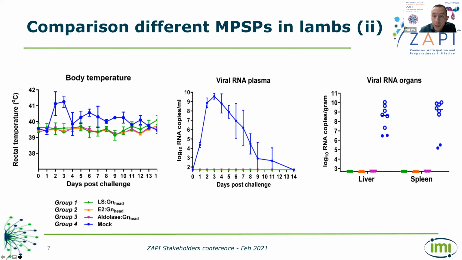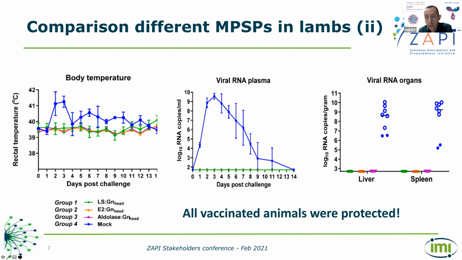In none of the vaccinated animals was any challenge virus RNA detected, nor was it detected in the organs. So this looked very well, but was not yet conclusive whether one MPSP might be better than the other.